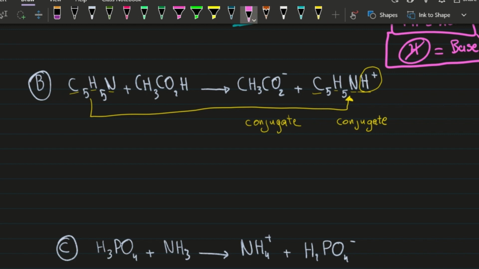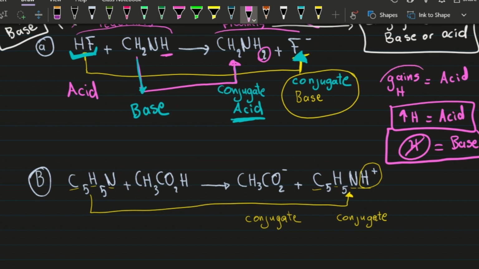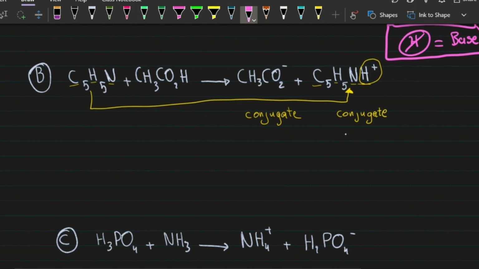If it gains hydrogen, then it is an acid. So it is a conjugate acid. If that's a conjugate acid, then this is going to be a base, the opposite of an acid.